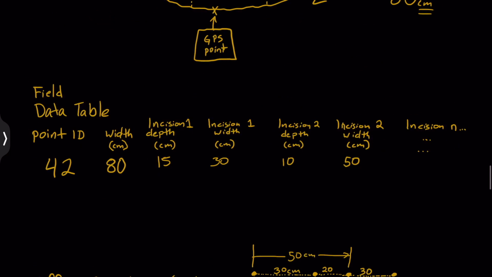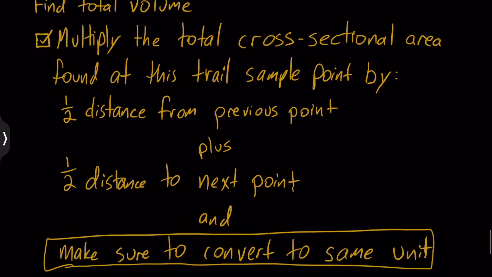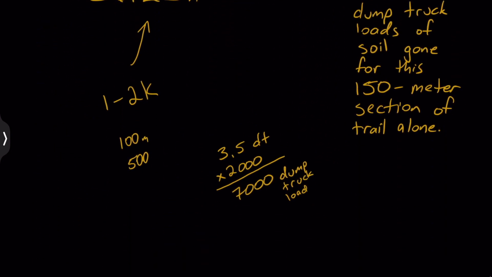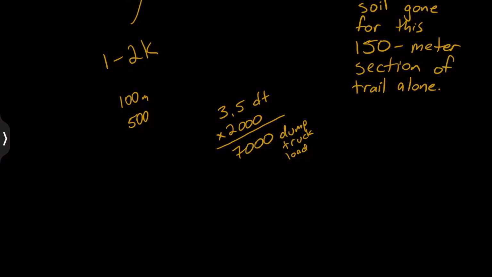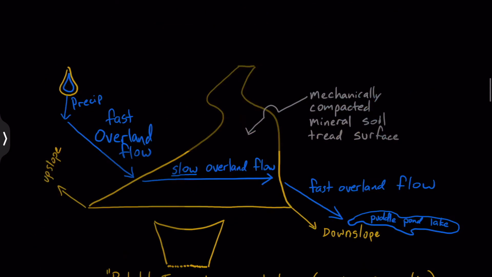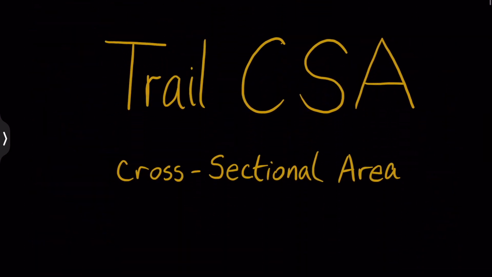And it ends up being thousands of dump truck loads across an entire trail network. Okay? So, this is one of those where there's smoke, there's fire situations. And we have to catch this stuff before we hit this terrible, terrible outcome. Okay? So, that is how you measure cross-sectional area and why it's important.